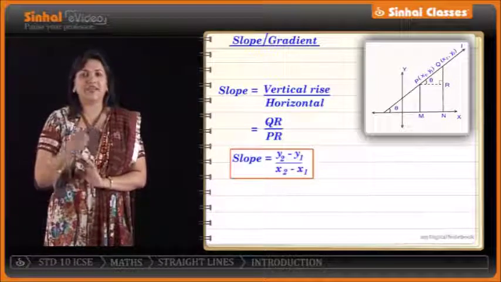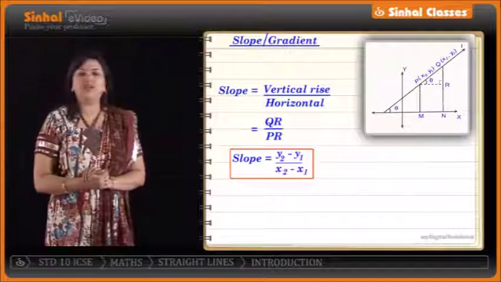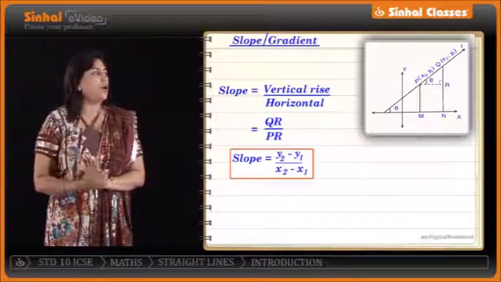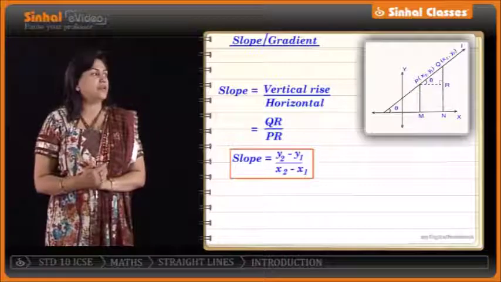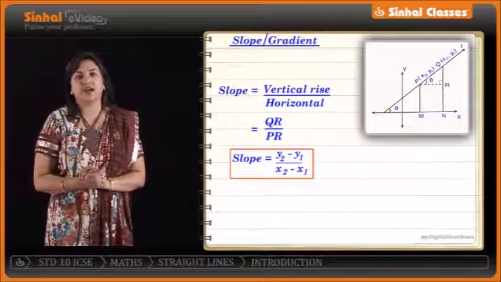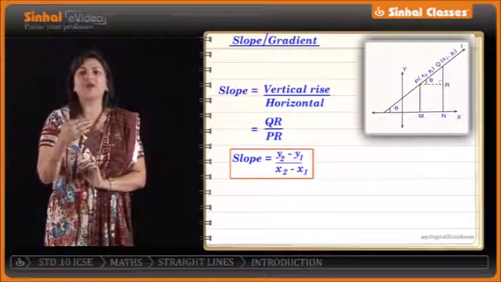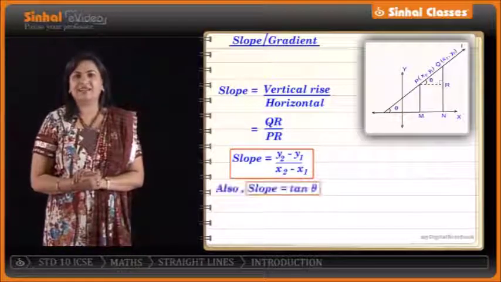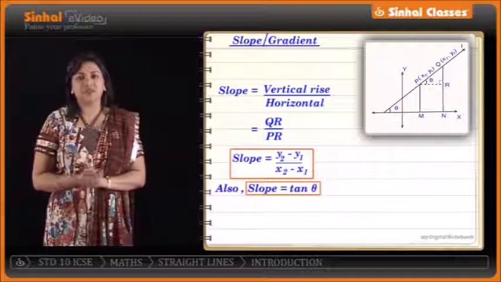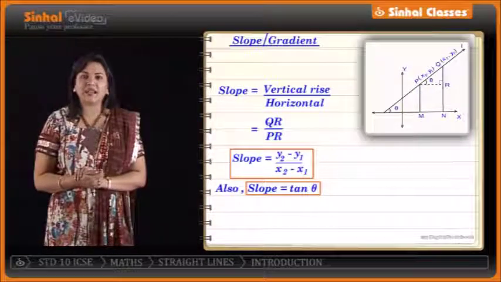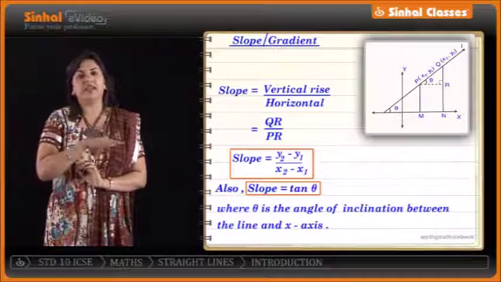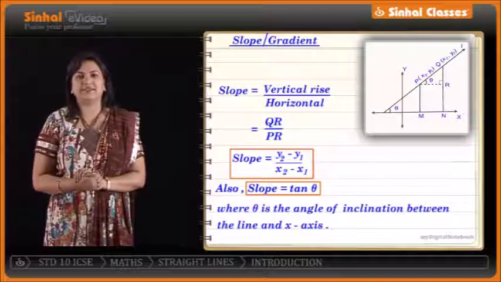Now note over here, in this triangle PQR, we have the angle theta, and to theta, the opposite side is QR and the adjacent side is PR. So we have slope as opposite side upon adjacent side, which is tan theta. Slope can also be defined as tan theta, where theta is the angle of inclination between the line and the x-axis.